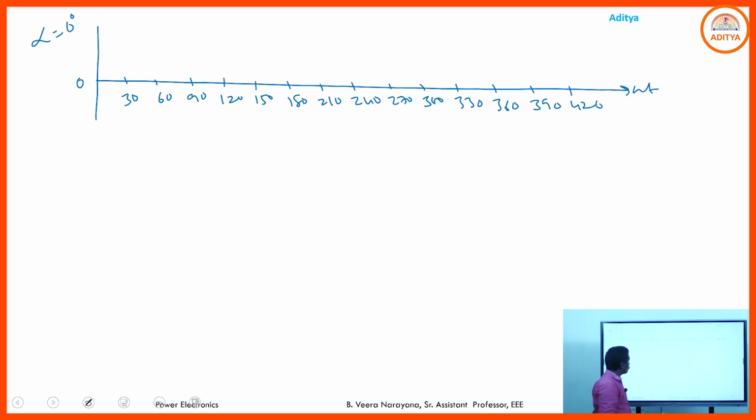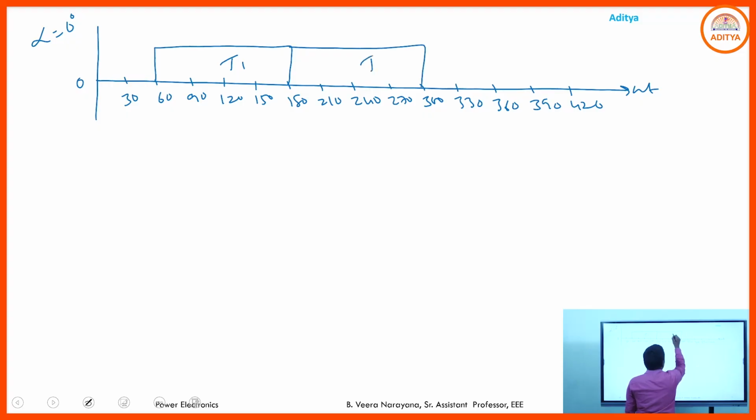So if you choose alpha equal to 0, where does T1 come to the on state? 60 degrees, 60 to 180, T1. What is the next positive group SCR? T2, from 180 to 300.